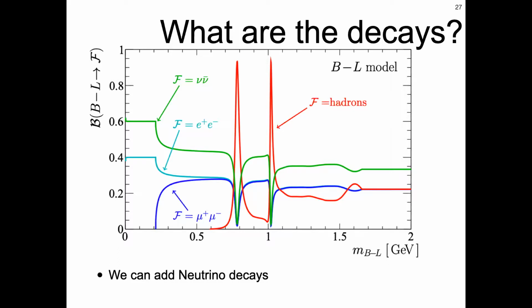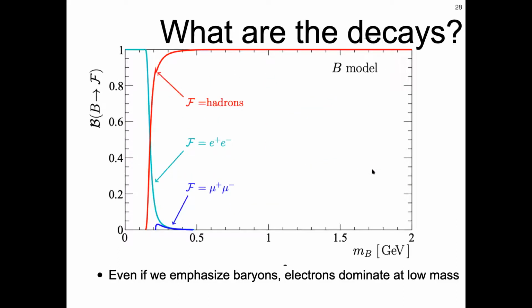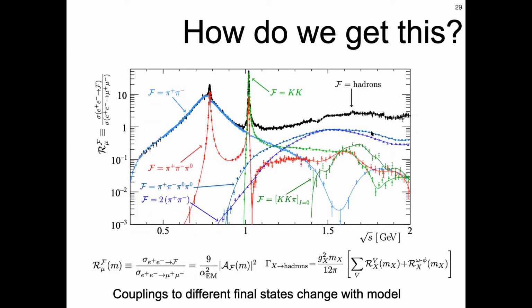All right, so here's another model, right? This is the baryonic model. This basically decays to hadrons once it can decay to hadrons, and if it can't, it will decay to electrons. And to derive all of these things, there's a nice paper by a colleague of mine at MIT who took data for electron production to some final state, like pions, pions and pi-nots, etc. And he took this ratio relative to the muon cross section, so electron-muon scattering.